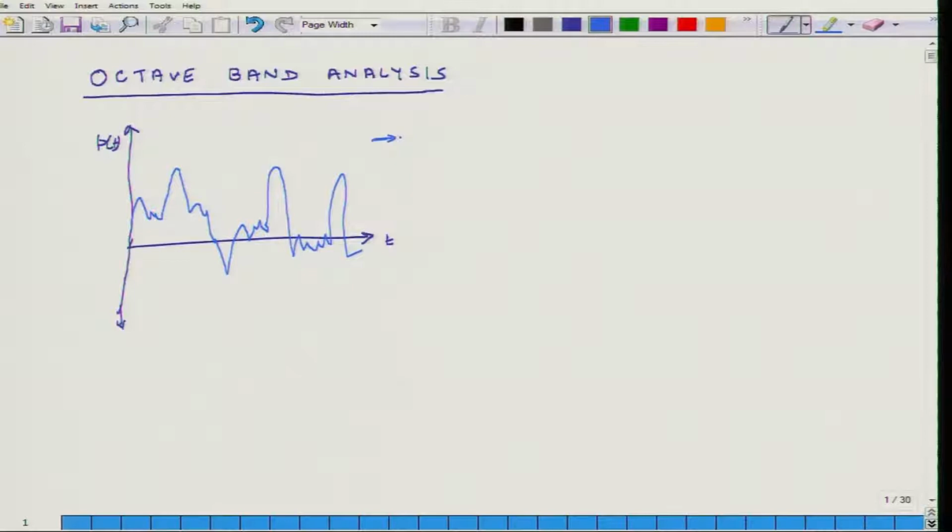A lot of times people in industry and also even the scientific community say that from this data, which is in time domain, please tell us how much sound is being produced in specific bands.